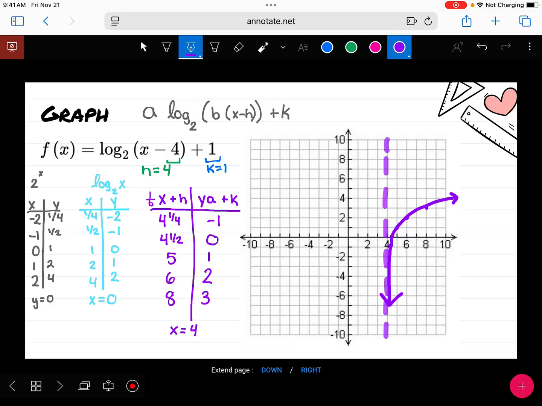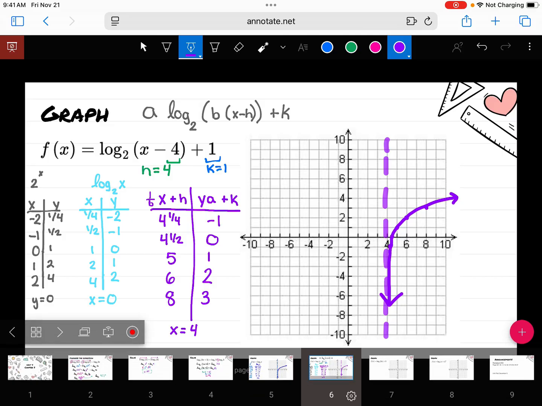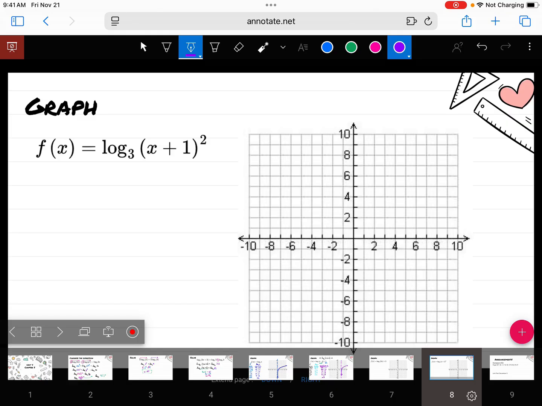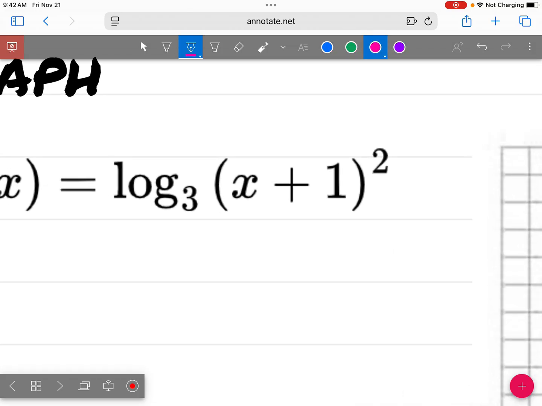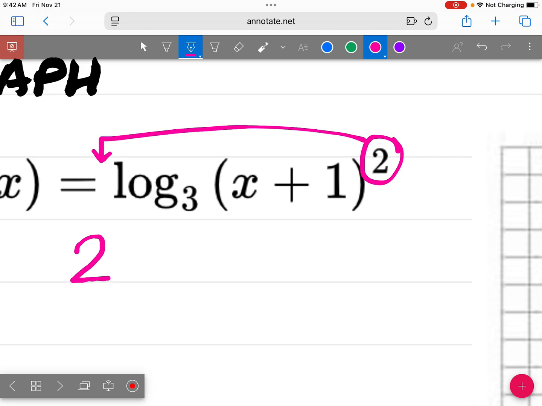Okay, so if we had something like, we're not going to do the whole graph, but just to see it, something like this where we had a power on the top. If we had log base 3 of (x plus 1) squared, I can use my log properties. This power comes down to be a coefficient, and the power becomes an a value.